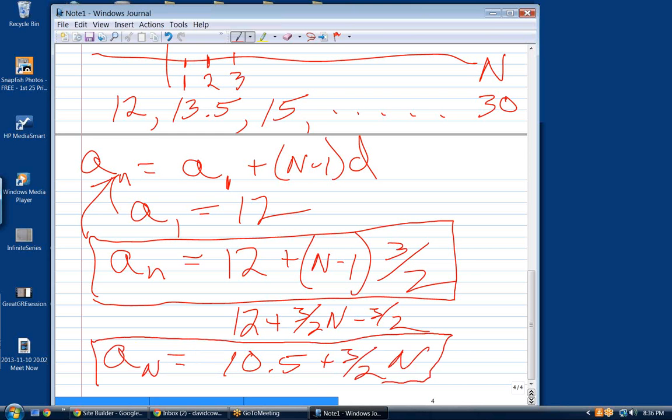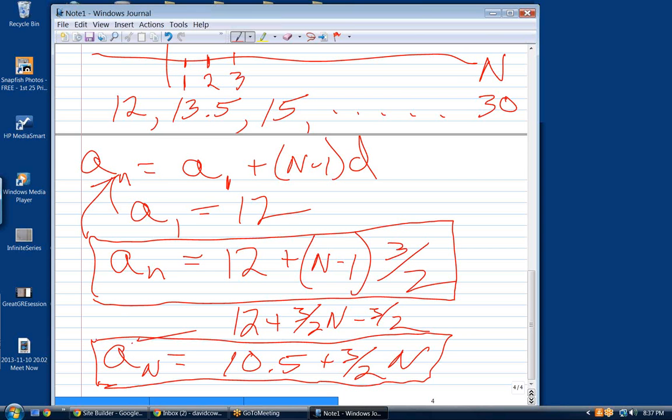No matter if I want the 13th term of the sequence, notice that I am going to get 30 based on this formula. If I want the 100th term of the sequence, it's going to be 150 plus 10.5. It's going to be 160.5.